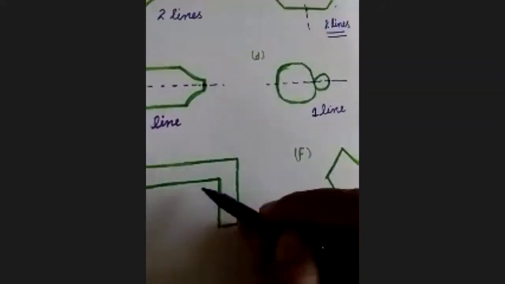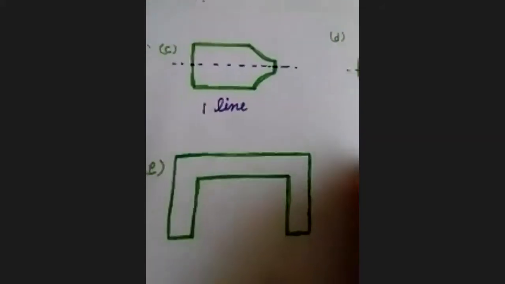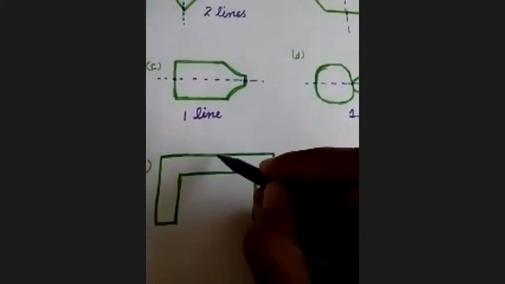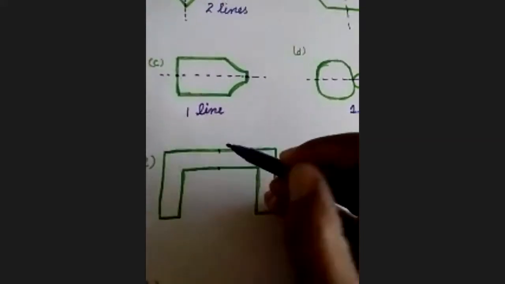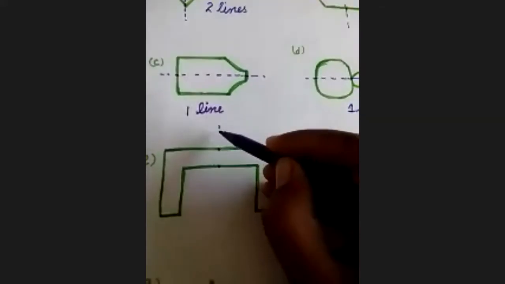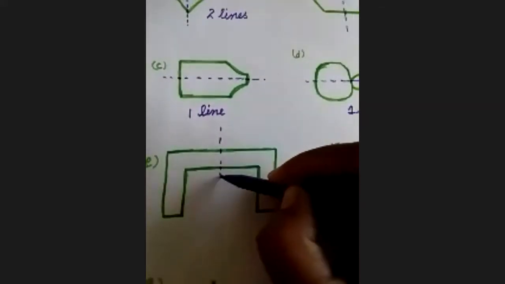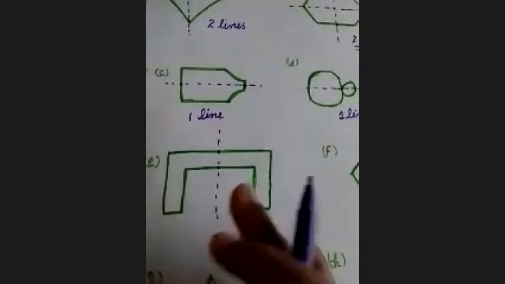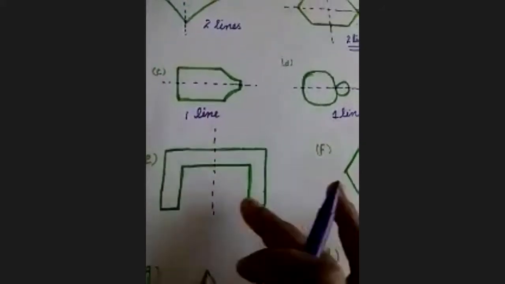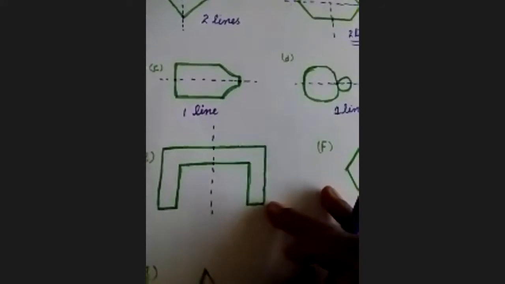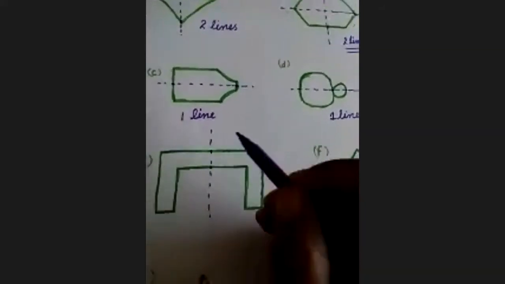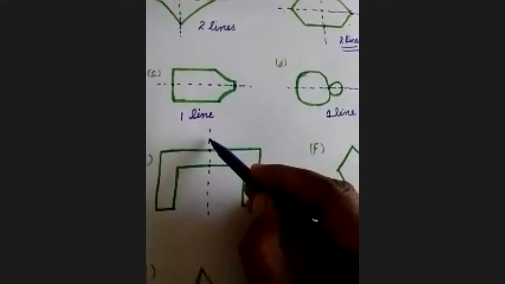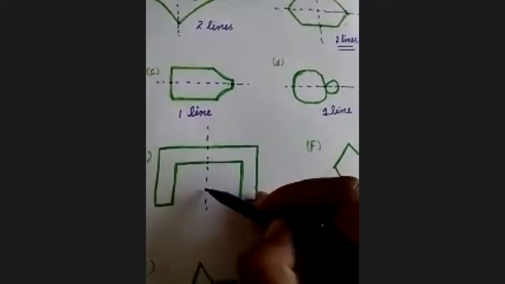Next is part E. Now divide this figure into 2 equal parts. Give it a cut at center. Give an imaginary fold and check whether these 2 parts exactly overlap each other. So this figure has only 1 line of symmetry.